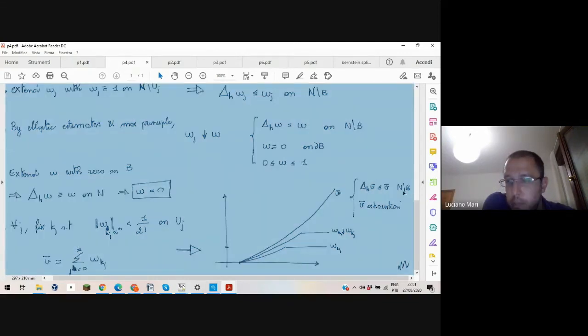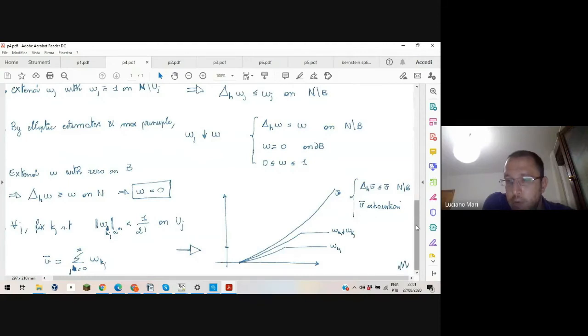It's a super solution only outside of a ball, but it can be easily fixed. First of all, you smooth it up, because it's locally Lipschitz and you want it smooth, and there is a theory by Greene and Wu, you can smooth it up, getting still a super solution. Then you can translate it upwards, modify whatever you want on B, then rescale, and you can produce the exhaustion on the entire manifold that is bigger or equal than 1.